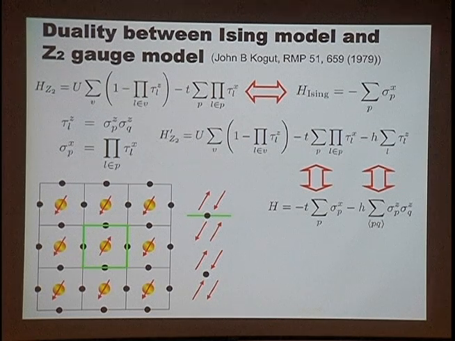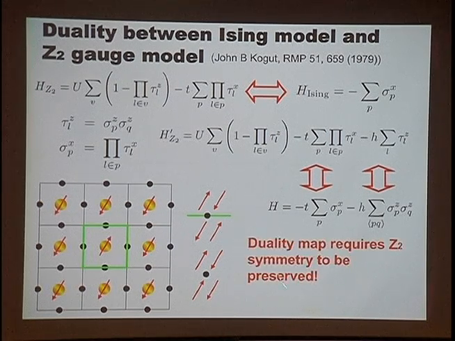The symmetry breaking phase transition in this model exactly maps to the confinement-deconfinement phase transition in this model, because in the Z2 gauge theory, we know there are two possible phases: the Z2 deconfined phase and the Z2 confined phase. I want to emphasize that to make such a map possible, this global Z2 symmetry here is very important. Any term that breaks the global Z2 symmetry has no way to map to there.